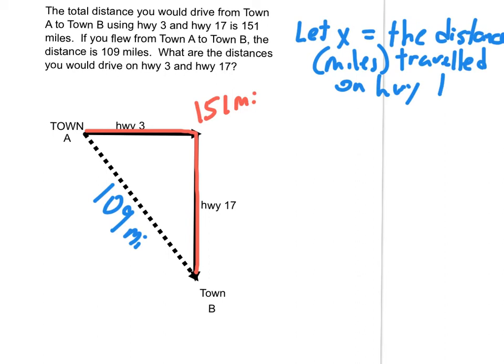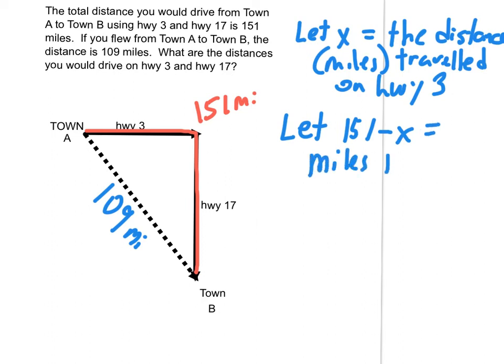Let me clean that up a little bit. So Highway 3, and let 151 minus x equal the distance, or miles, traveled on Highway 17.